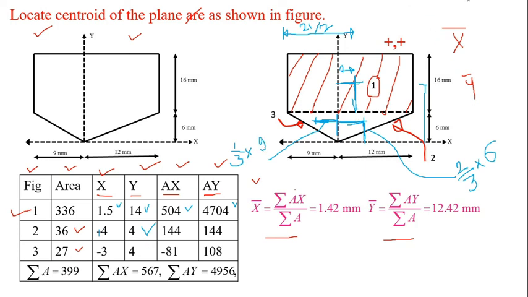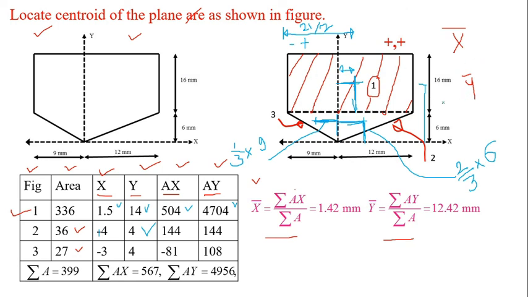And why minus 3? Because in the first quadrant x is positive, in the second quadrant x is negative, y is positive, and therefore, this distance is measured in the second quadrant and hence the minus sign. Now, y, what is y?